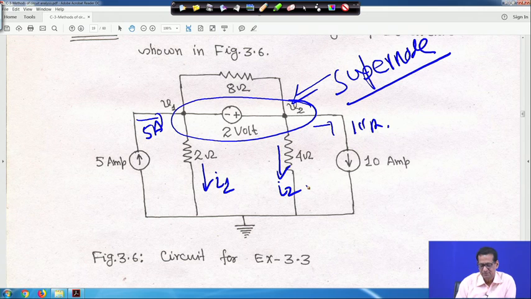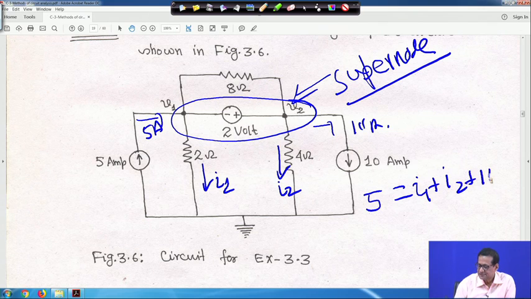If we apply KCL at the super node, the 5 ampere current is entering, but currents I1, I2 and 10 ampere are all leaving the super node. So, 5 is equal to I1 plus I2 plus 10.